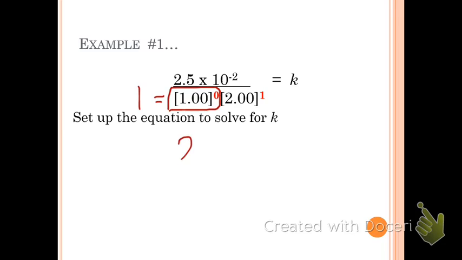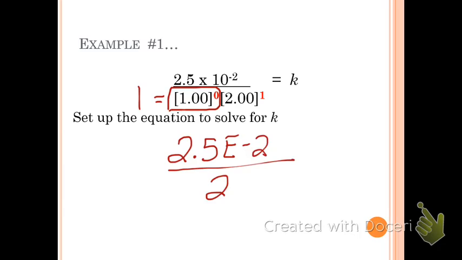No. I can just put in 2.5 e to the negative 2 divided by 2, and I will put this in parentheses myself, caret key 1. Will that work without being in parentheses? Probably so. You can try it and see if you get the same answer.